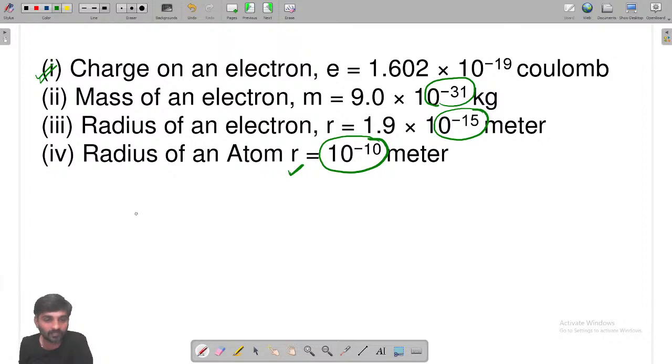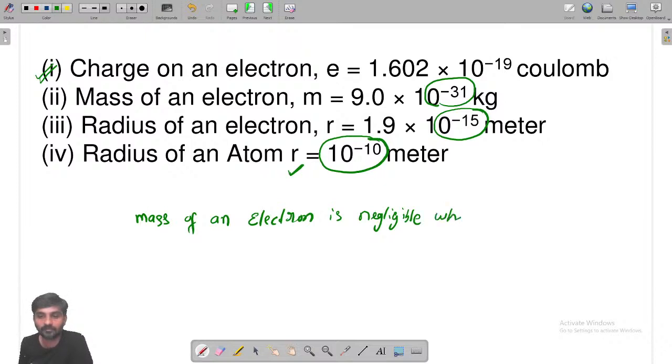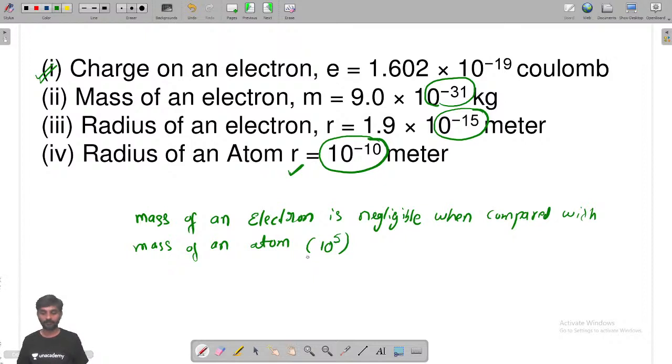I'll write here: mass of an electron is negligible when compared with the mass of an atom, because it is almost 10 to the power of 5 times. Right? Now we'll move on.